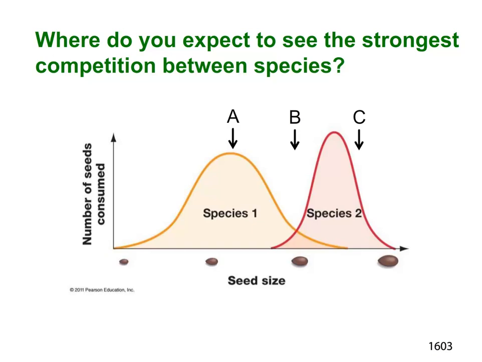Finches of different beak sizes, okay, will then go after seeds of different sizes, okay, and so species 1 goes after seeds in that particular size, species 2, and so forth. So given this information, where would you expect to see the strongest competition between species? Remember, competition is a negative relationship. Take a moment, think about it, and address the question, and then once you're ready, go ahead and start the lecture up again.